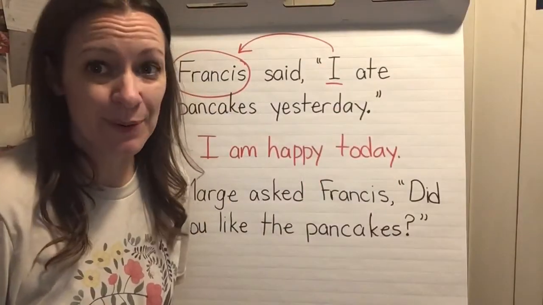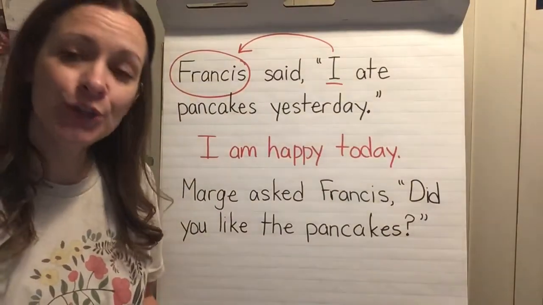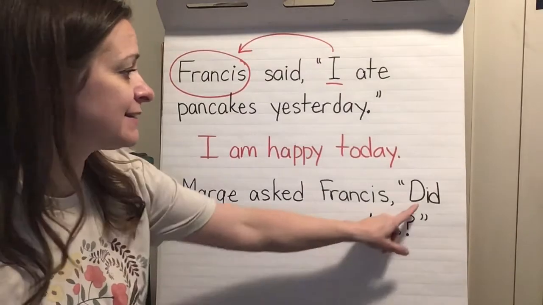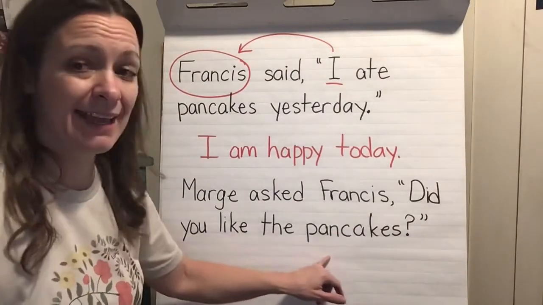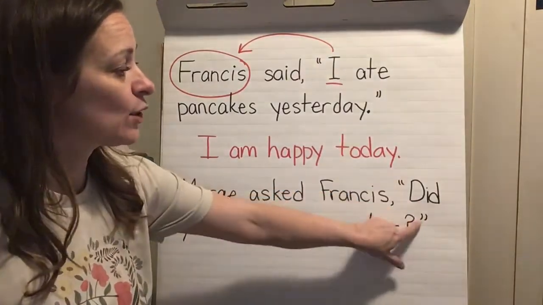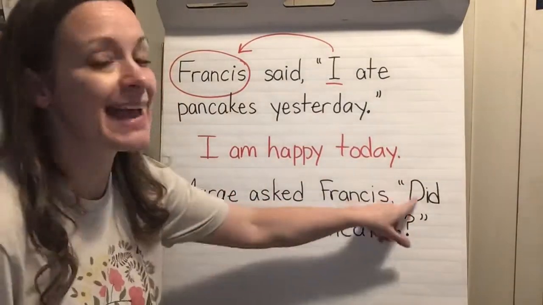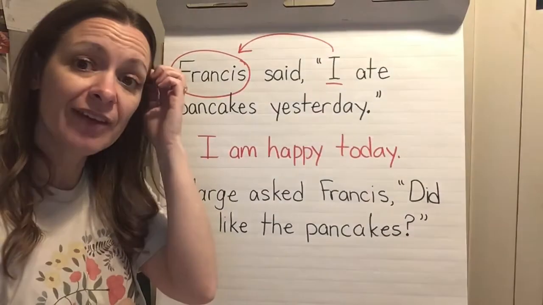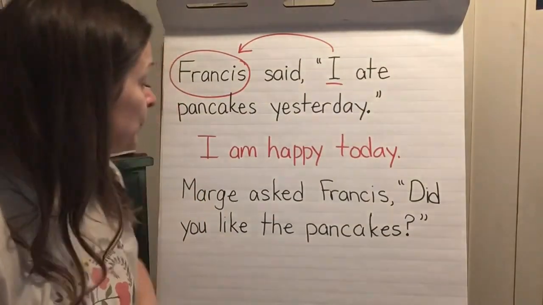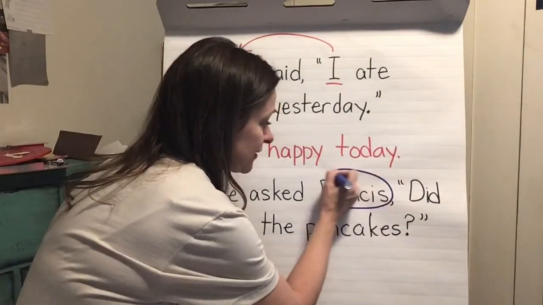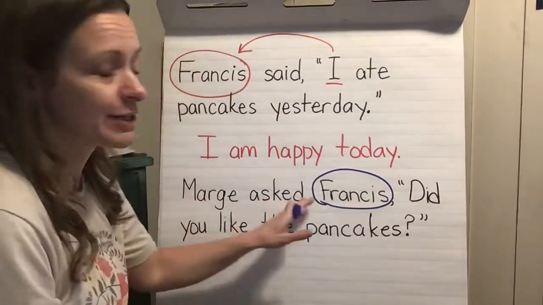All right, our last pronoun is the pronoun you. Let's look at this sentence. Marge asked Francis, did you like the pancakes? Remember, these quotation marks means that these are Marge's exact words. So we have a couple nouns in this one, but the noun that we're focusing on is Francis, because that's who Marge is asking.